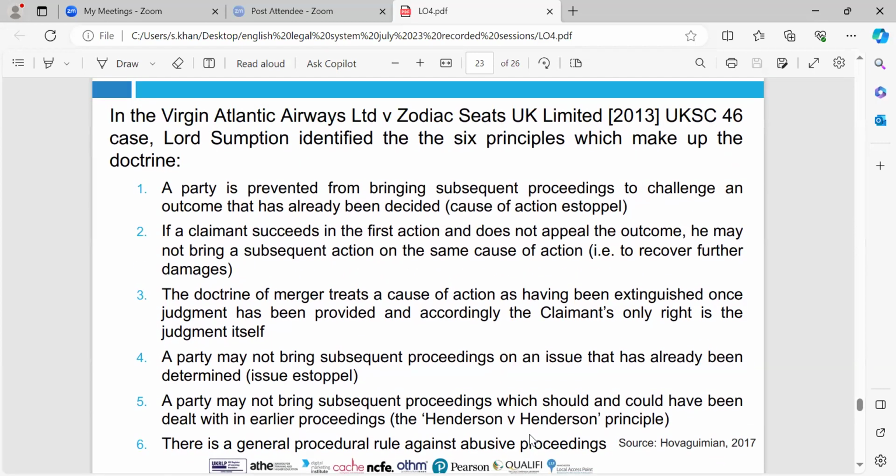So the first one: a party is prevented from bringing subsequent proceedings to challenge an outcome that has already been decided. A cause of action estoppel. Secondly, if a claimant succeeds in the first action and does not appeal the outcome, he may not bring a subsequent action on the same cause of action, for example, to recover further damages.